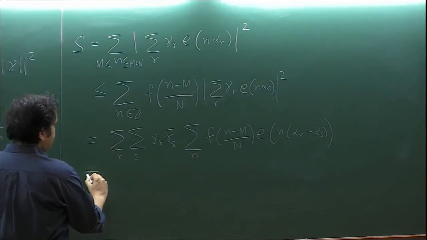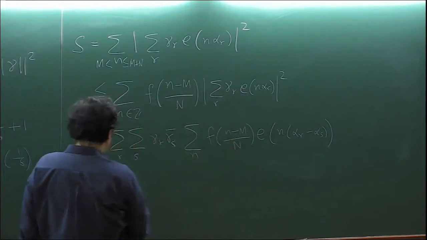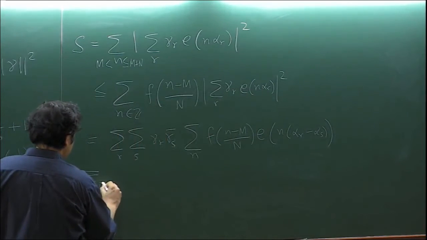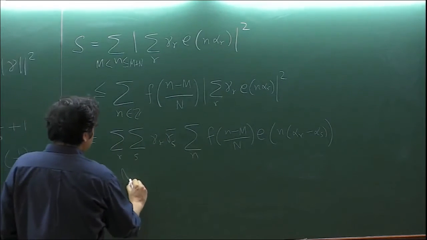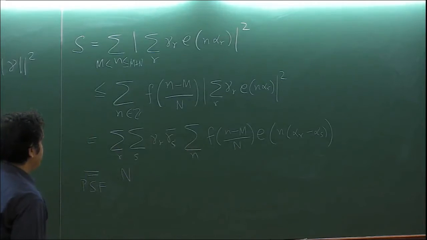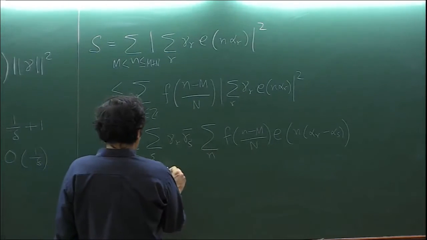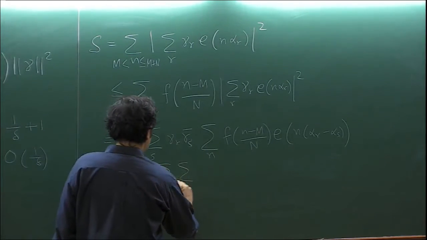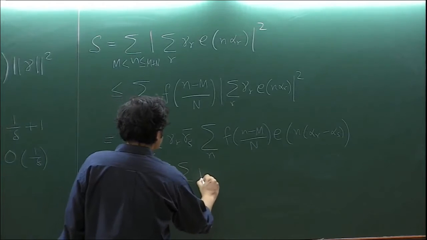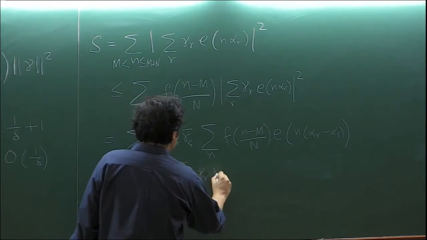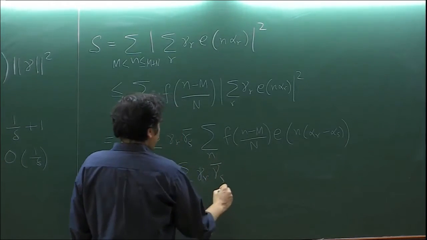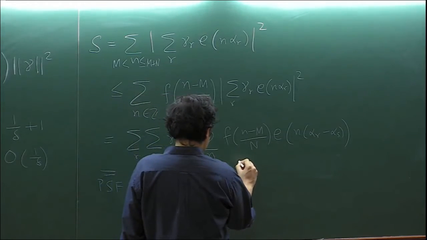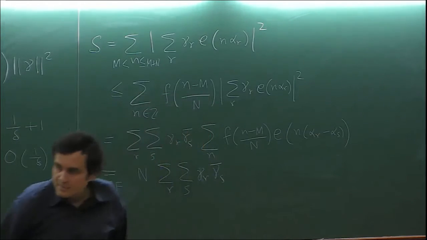And then at this stage, the only thing to do is Poisson summation. So this step is the Poisson summation formula. And that gives you, after you make a change of variables, etc., N times the sum over r, s of gamma r gamma s bar, and then let me check, I have forgotten.